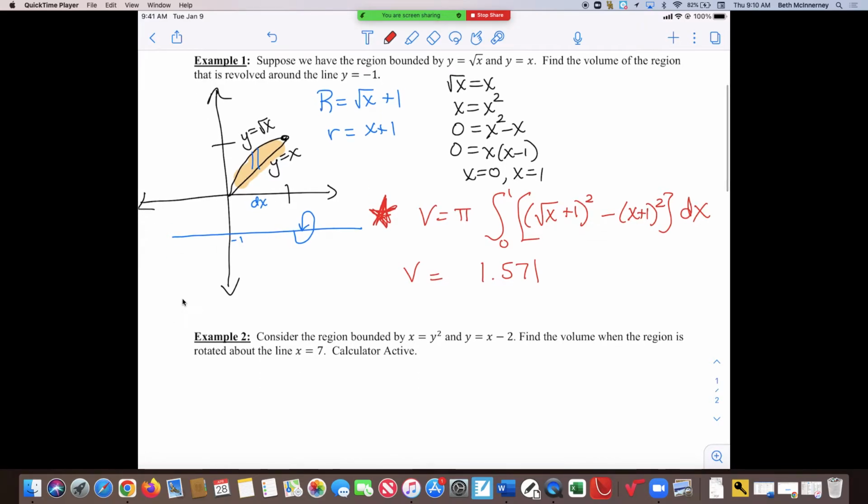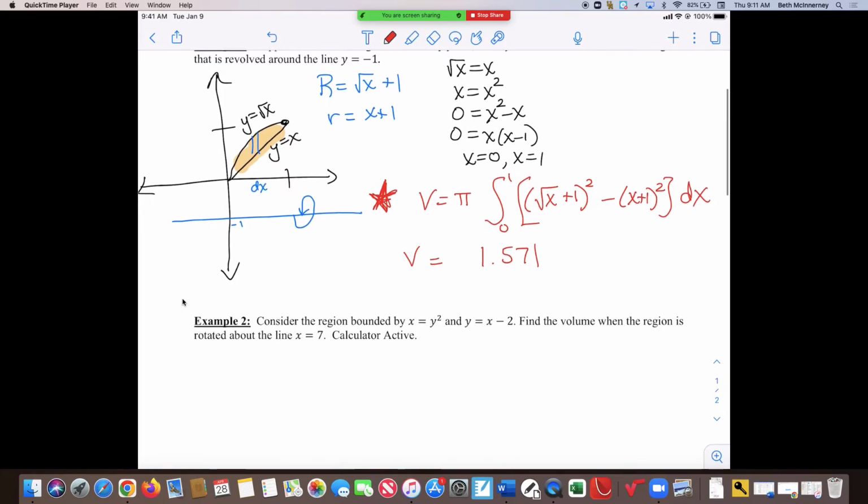All right, example 2. Consider the region bounded by x equals y squared and y equals x minus 2. Find the volume when the region is rotated about the line x equals 7. Use your calculator. I'm going to give you 3-4 minutes. Make your sketch, determine the region, set up the integral, and use your calculator.